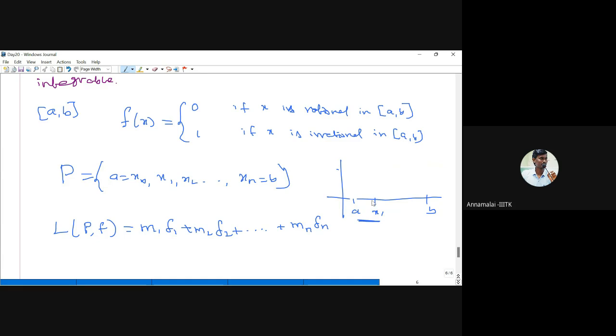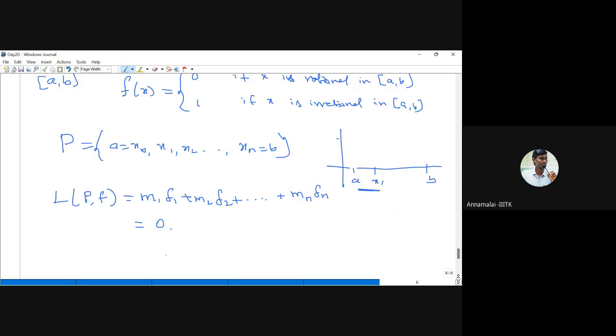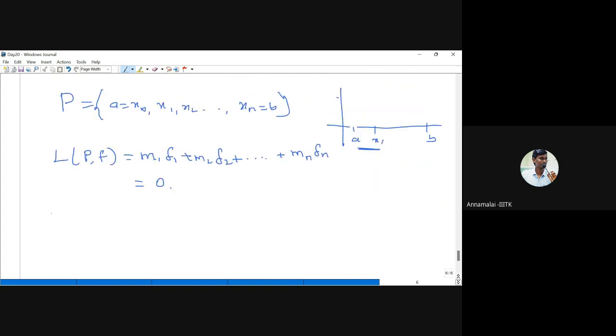What is the minimum value and what is the maximum value? The minimum value is always 0 and the maximum value is always 1. Therefore, all the mi's are 0, because every subinterval contains both rational and irrational points. Therefore, the lower sum is always 0.